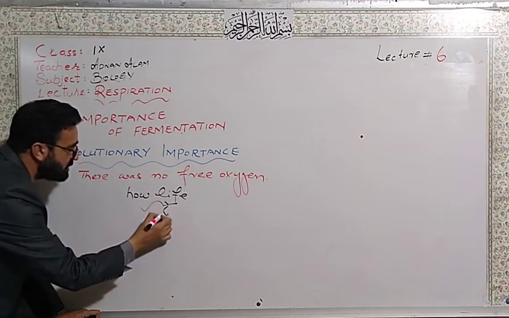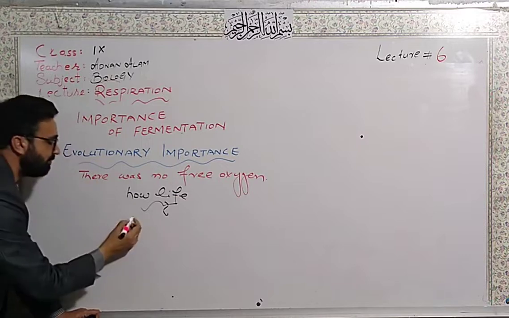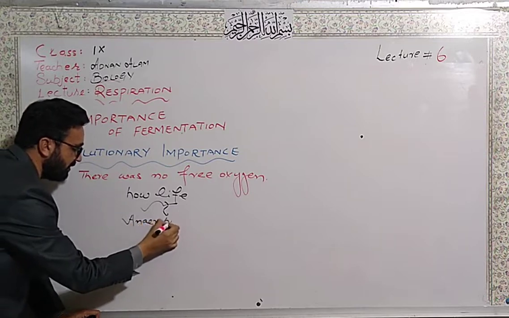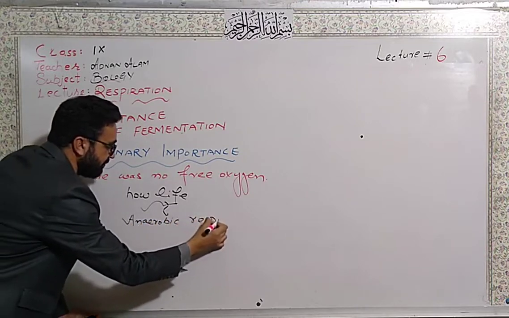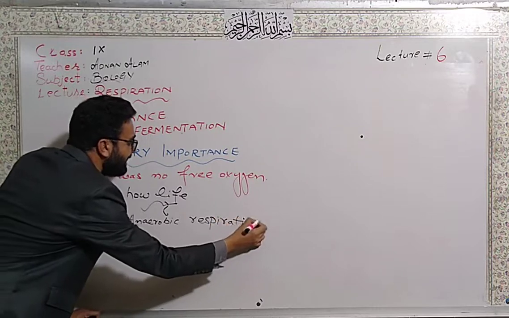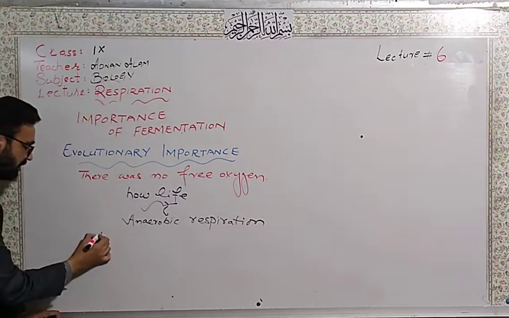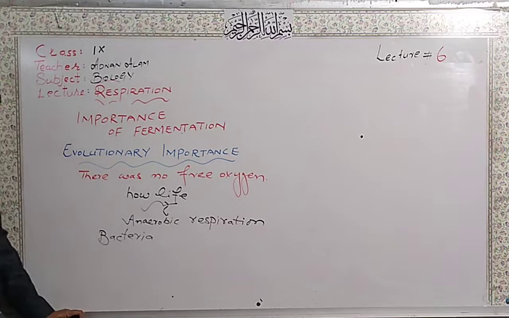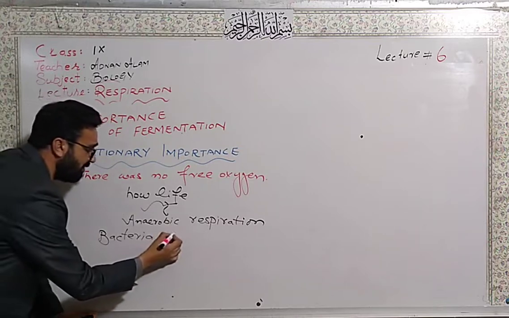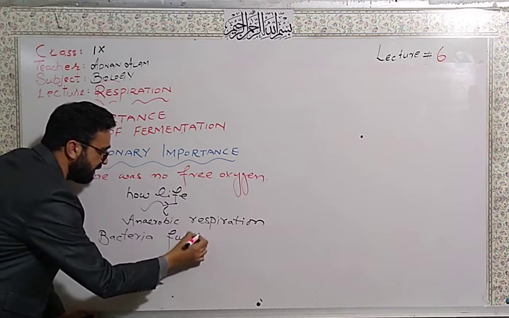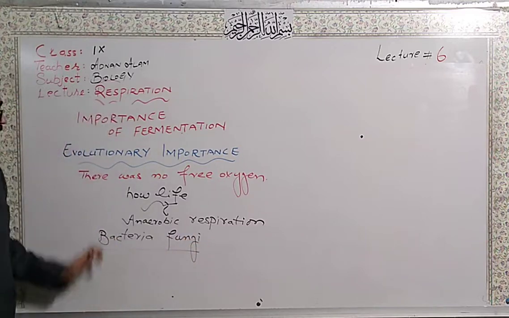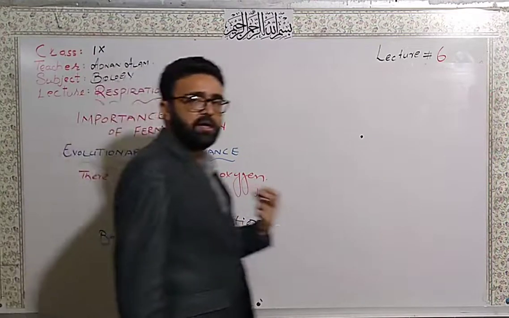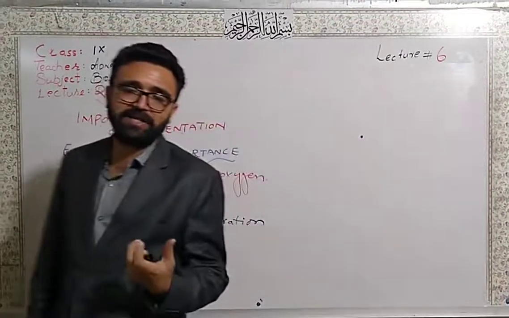Life prevailed just due to anaerobic respiration. But still there are some bacteria and fungi that respire anaerobically, although there is an abundance of oxygen in the atmosphere nowadays. So it has great importance for evolutionists: when there was no free oxygen, how the life sustained in that time.